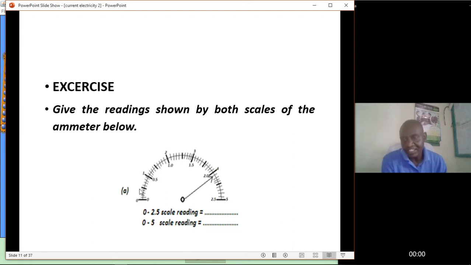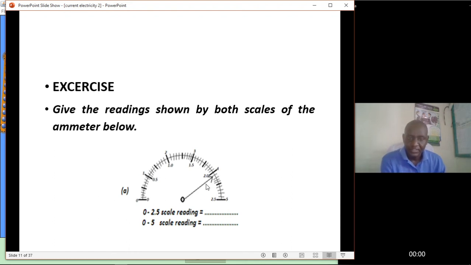For the outer scale, the accuracy is 0.1, because from here up to here is 1 divided by 10, giving you 0.1. We already have 4 here, so this one records 4.1. So this is 4.1 for the scale of 5. This was meant to be 5, not 0.5.